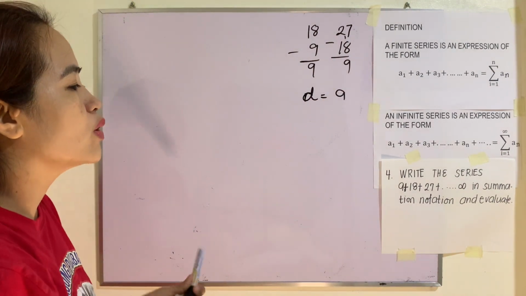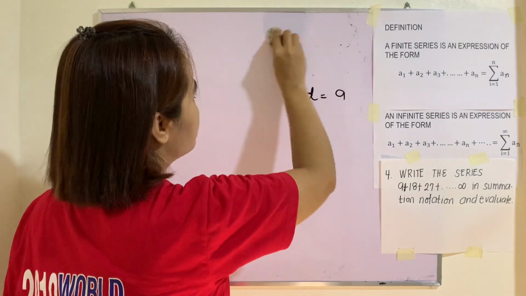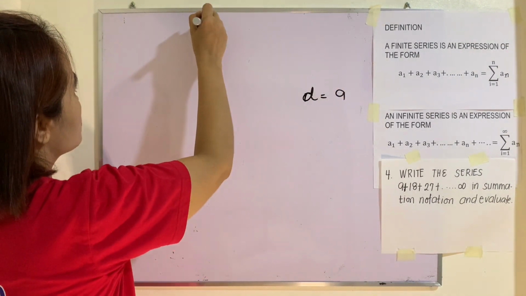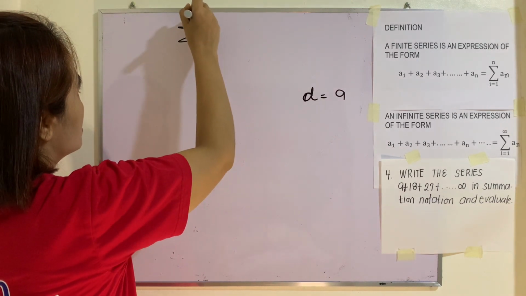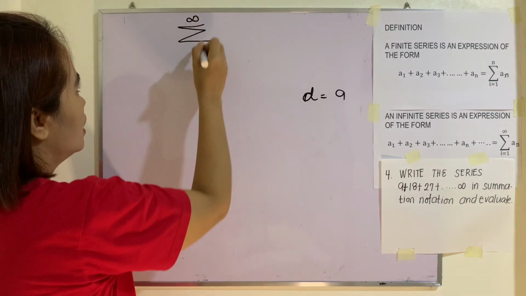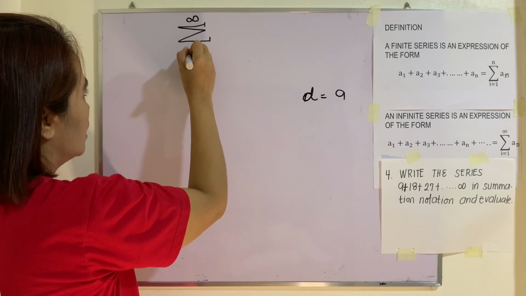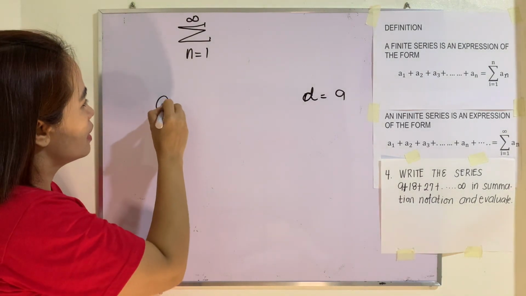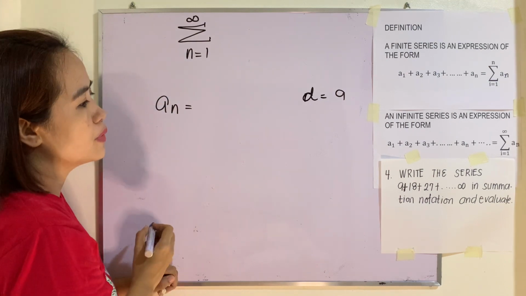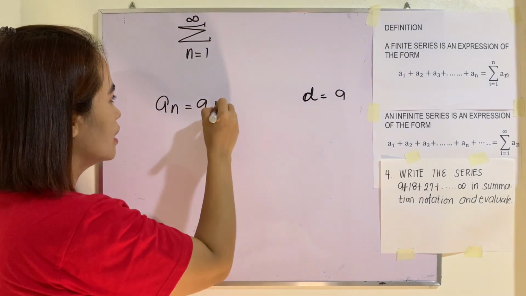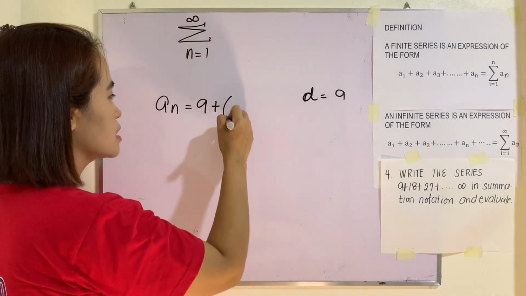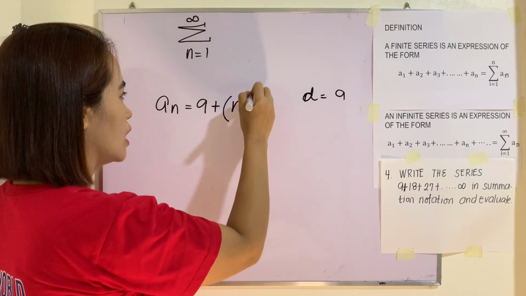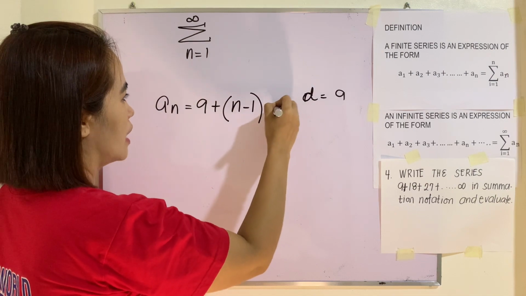Now, how are we going to write it in summation notation? So this one is up to infinity, and this one is n equals 1. So our a sub 1 is 9, plus this one is of course n minus 1 times 9.